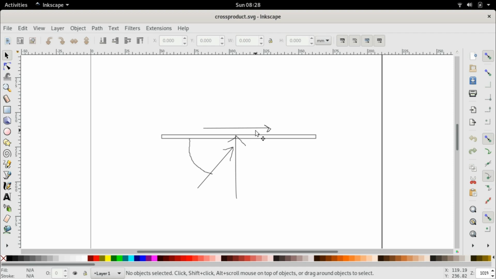Now, the question arises, how do we calculate this mechanical force? Because eventually, we need to come up with an equation for the electrical torque. And to come up with an equation for the electrical torque, we need equations for the mechanical force.